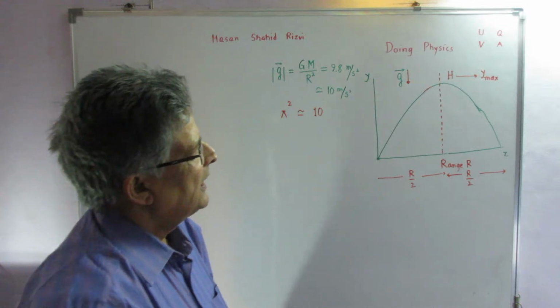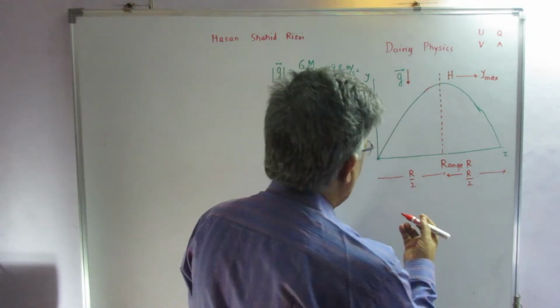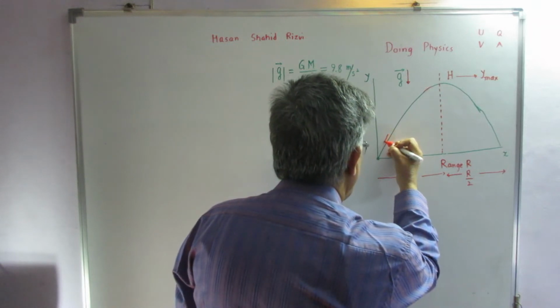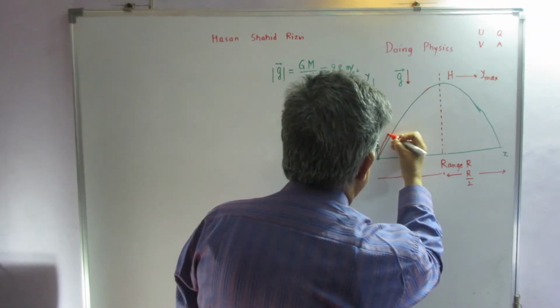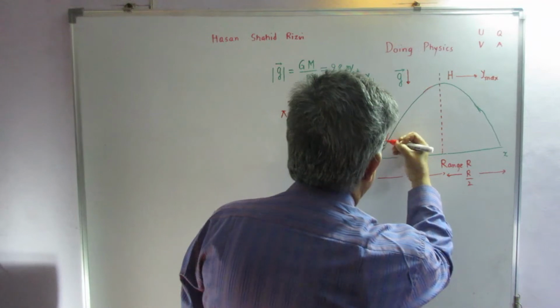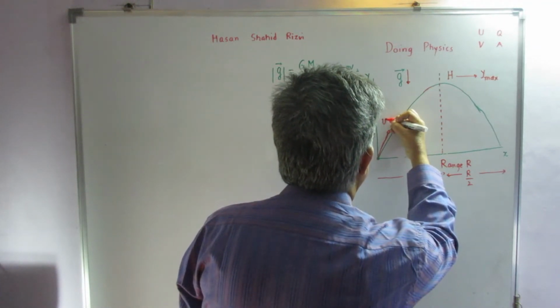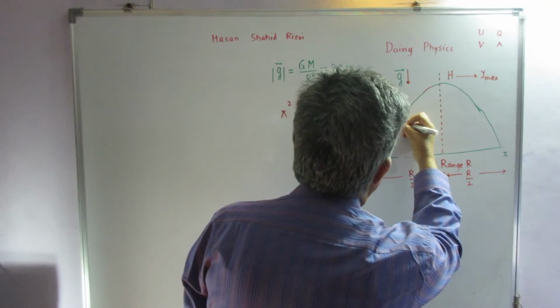So now I have the projection made with an initial velocity of say u meters per second.